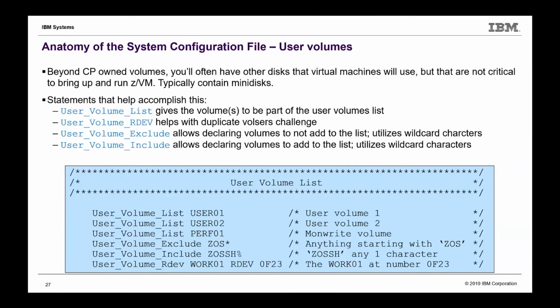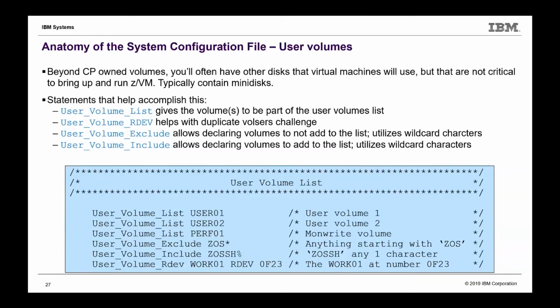Now there's other approaches that you can use. Include and exclude allow you to use wildcards. So maybe you have a nice, neat naming convention where you're adding user volumes such as user 01, in which case there I might want to do an include user splat or asterisk, right? Which will then say any volume out there that z/VM sees that is labeled user something, right?